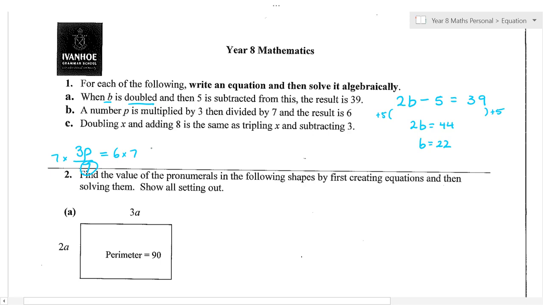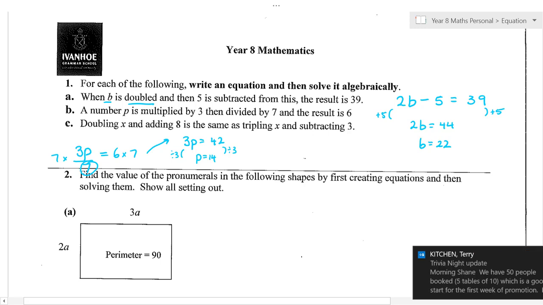You would usually have more room. 3p is equal to 42. Now, you then need to divide both sides by 3. And look, you also have a calculator in this. So if you were struggling with 42 divided by 3, you could use your calculator. So when we divide both sides by 3, that's going to give us p is equal to 14, like so.